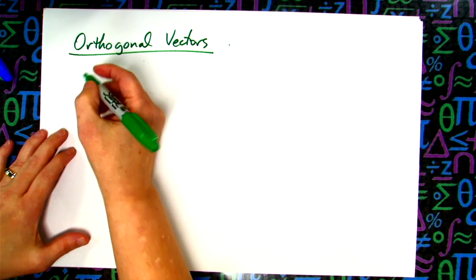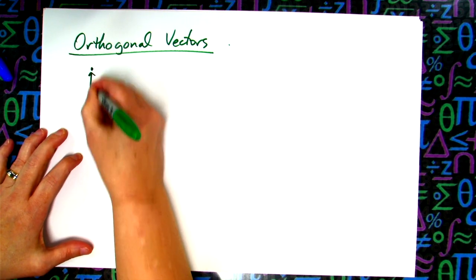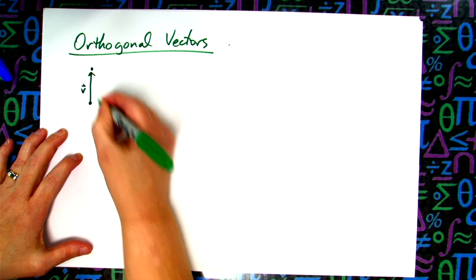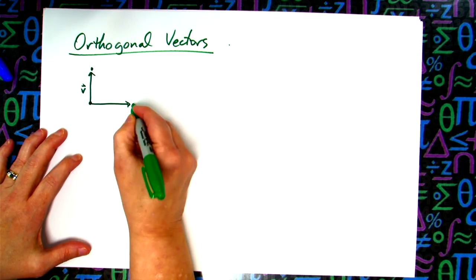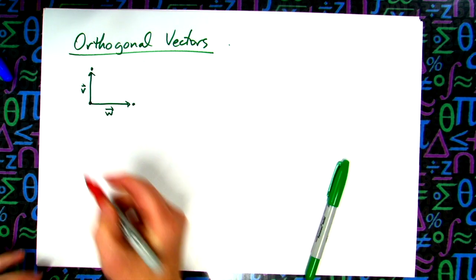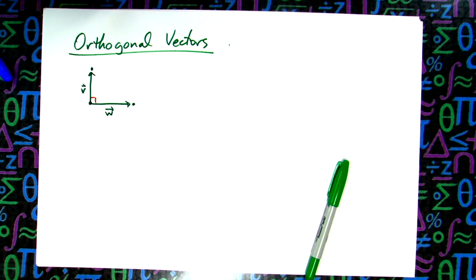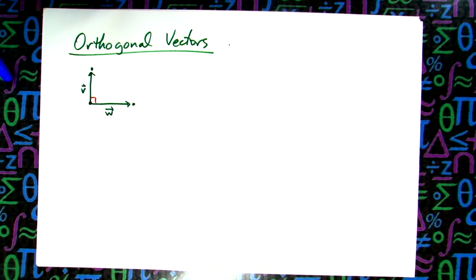So if I draw a picture of it, if I had a vector going up this way, we could call that the V vector. All right, and then I had another vector going out this way. We called that the W vector. Well, doesn't that make a 90-degree angle there? All right, two vectors that make a 90-degree angle, those two vectors would be orthogonal.